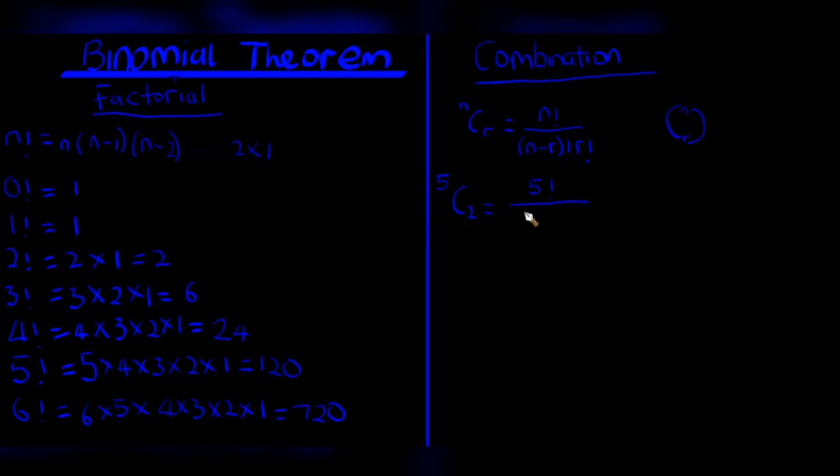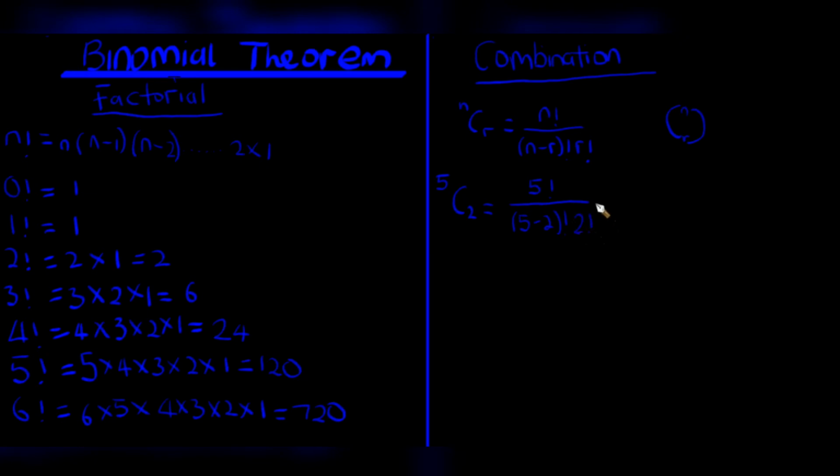And we find the factorial of that. So that will be 5 minus 2 factorial, right? How true? Multiplied still at the denominator by r factorial according to our general formula. So that will be 2 factorial.